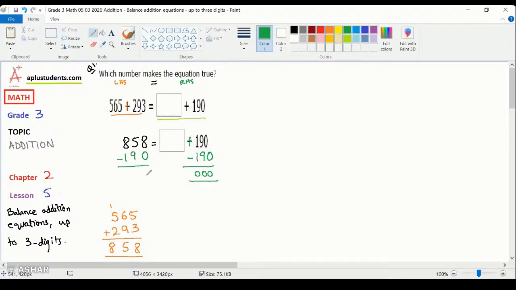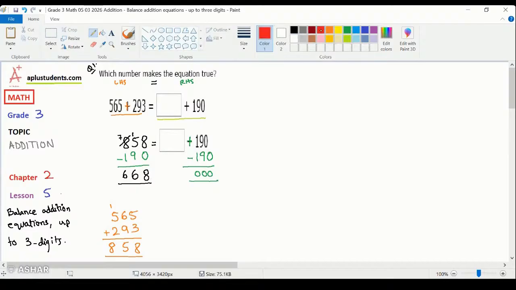And what is left over here? 8 minus 0 is 8. From 5 we cannot subtract 9. So we carry 1. This becomes 7 hundreds and 15 tens. 15 minus 9 is 6. And 7 minus 1 is 6.